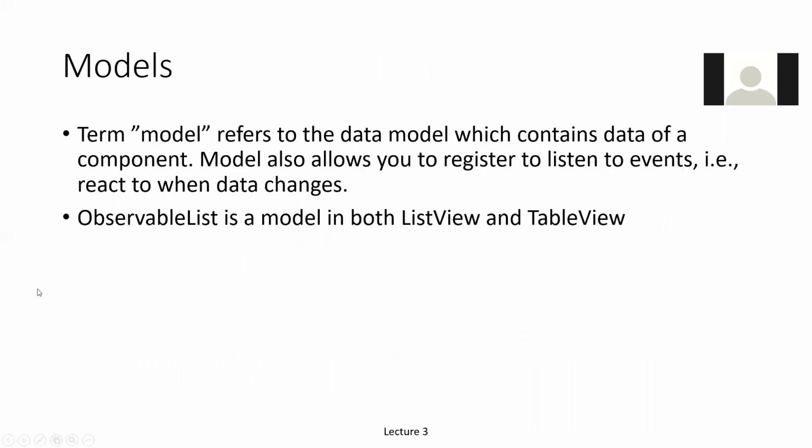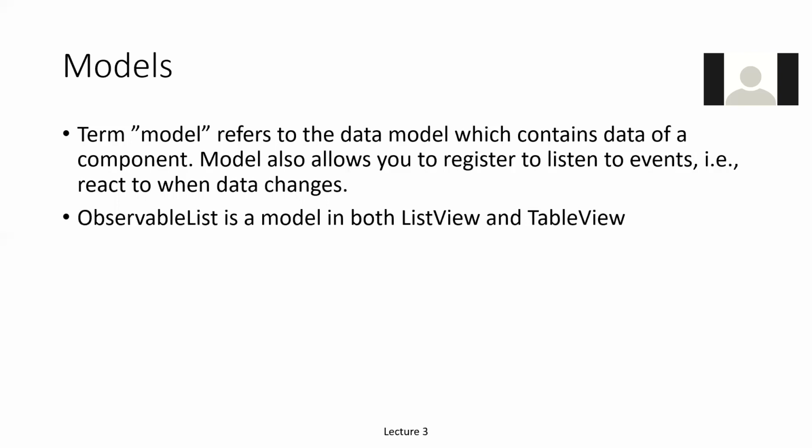And models, as I already briefly mentioned, is a word I can hopefully explain at this point if it's not clear yet. So model refers to the data model containing the data that is displayed on a component. And you can listen to these events in the model as was shown. So observable list is a model for both list view and table view.